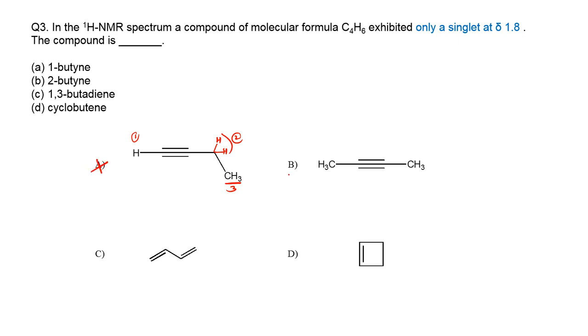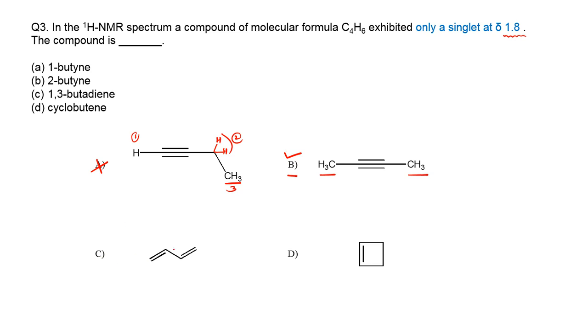In compound B, as we have two CH3s and no alpha hydrogen, definitely these two equivalent CH3s will give a singlet. So this is one thing we may expect, and of course 1.8 delta corresponds to this. So this may be our probable answer. Before this, it is always advisable to look at the other options.